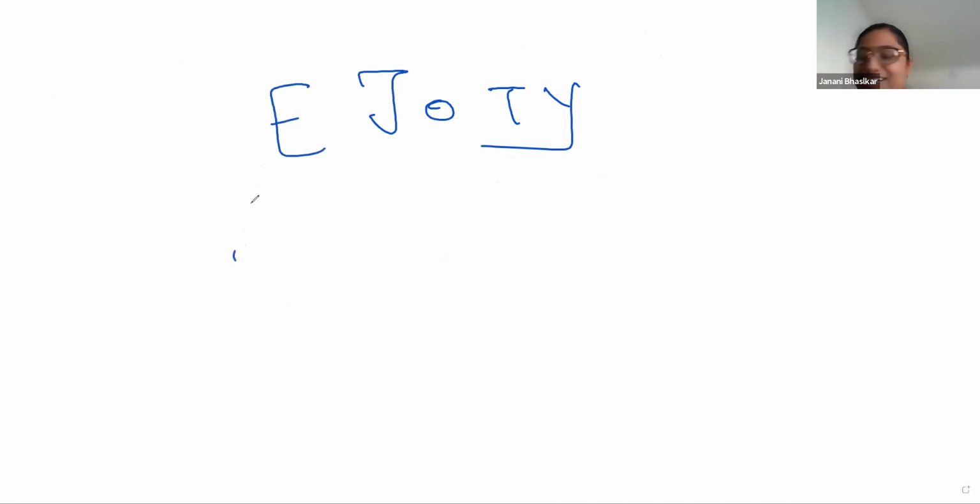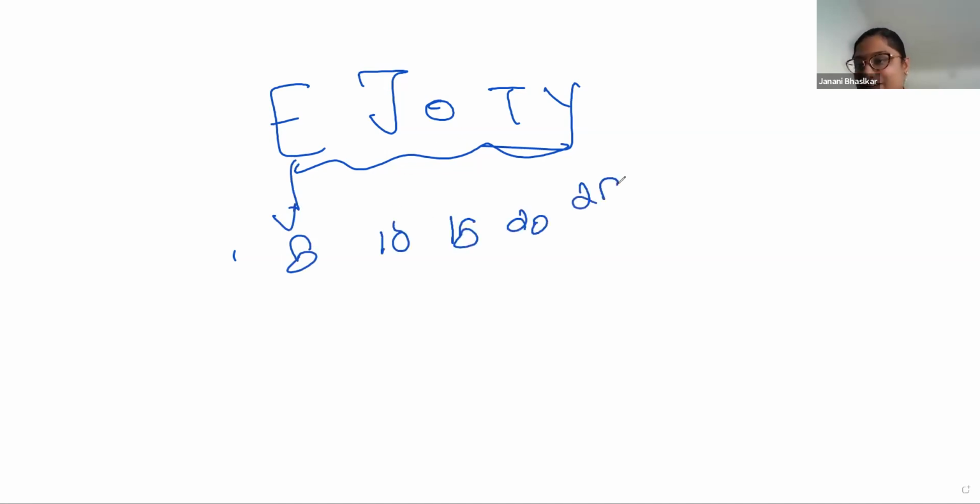So for decoding, E Jyoti is your best friend, and all these letters of your friend will take the multiples of 5. E stands for 5, J 10, O 15, T 20, Y 25. So all these letters take multiples of 5 as their place value. Did you understand this, all of you? Yes? Yeah? Okay. Now, how many of you know sign language? Sign language.